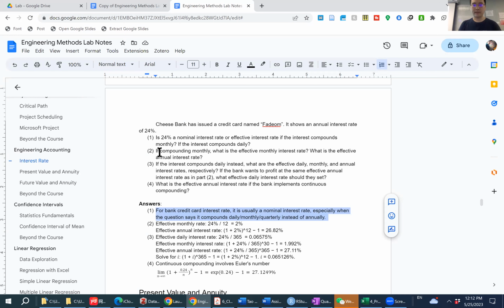Then let's see what it means by compounding monthly and daily. If we compound monthly, this rate is the annual rate divided by 12. So it'll be 24% divided by 12, right?